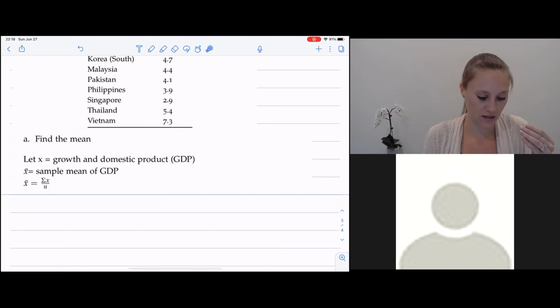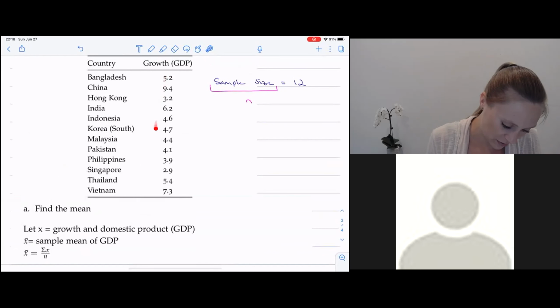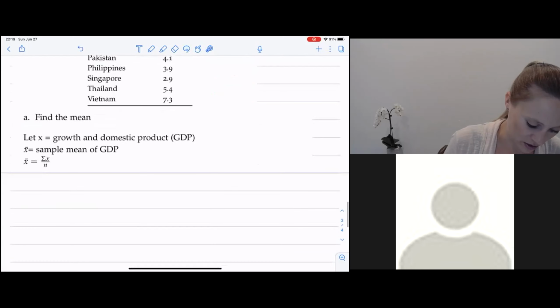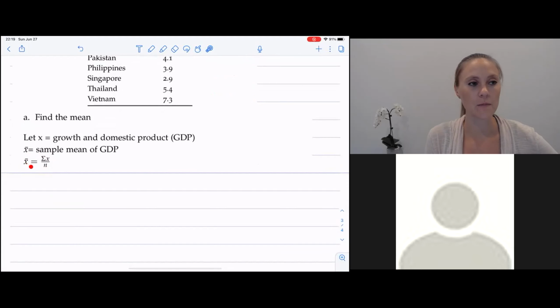If I gave you these numbers without any context, and asked you to find the average of them, what would you do? You would add them up and then divide by however many there were. And so that's why we started off and counted that there were 12. So that's exactly what we're doing, except now I'm introducing this notation, x bar, the sample mean, which is the sum of the x's, meaning you add up all your x's and then divide by n.